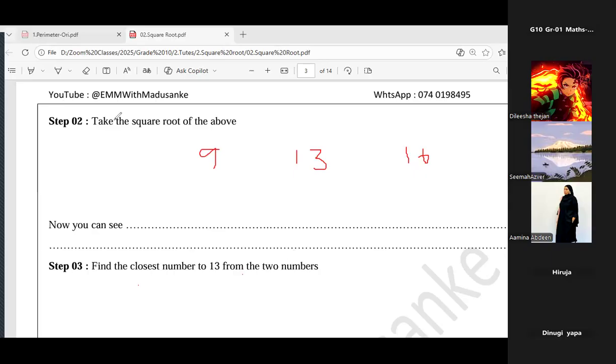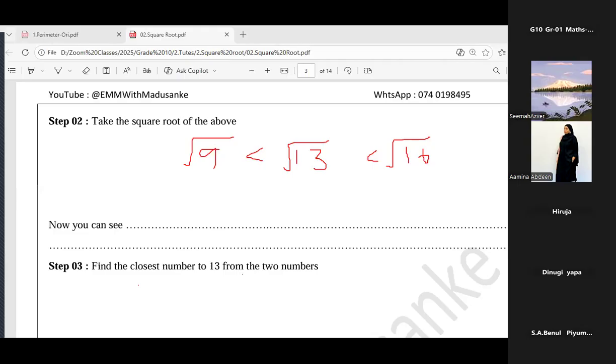So the step number 2, it's saying take the square root of the above. Now you are going to take the square root of each and every number like this. Please write it. So you know what is the square root of 9?